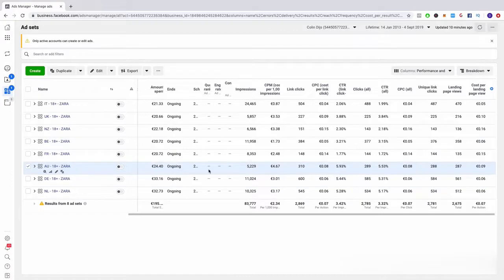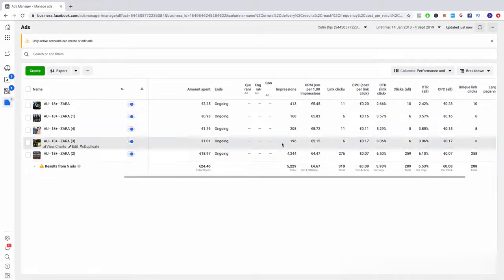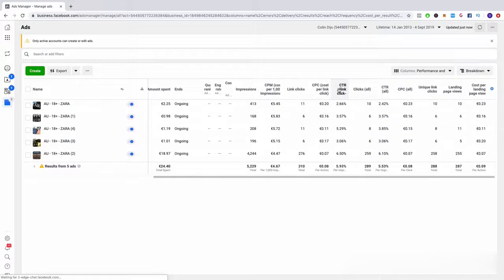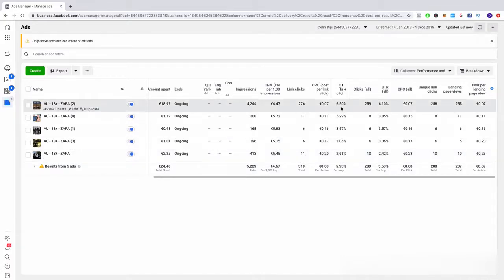Let's open this campaign and go to the ad level so I can show you the difference. All right, 1, 2, 3, 4, 5 different ads. Which one is the highest performer? You can see there's a significant difference in the data. There's one ad which had 11 clicks, 2.66% CTR. Then there's the top performer running a 6.5% CTR.